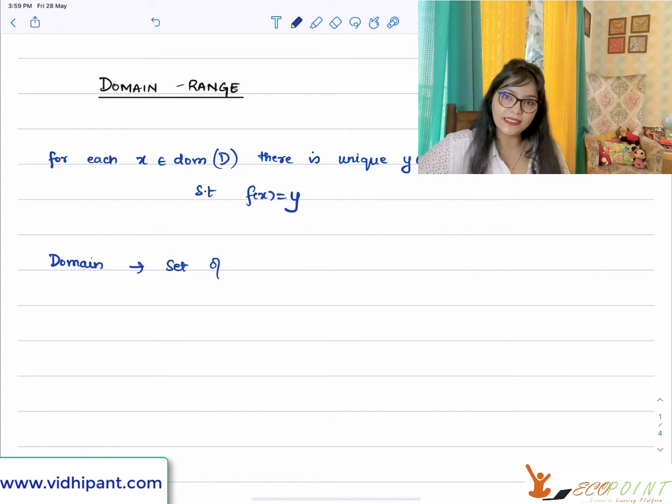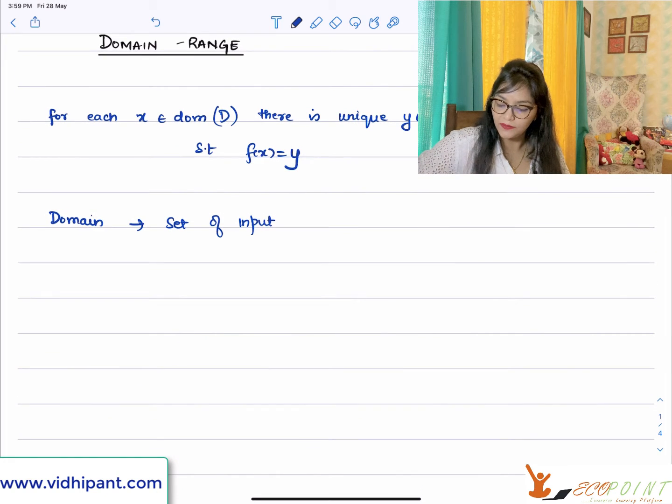Now, what is domain? Domain is the set of input values, the input set. For each x in the domain, you need to have a unique element in the codomain. So that means you cannot have any idle element in the domain.